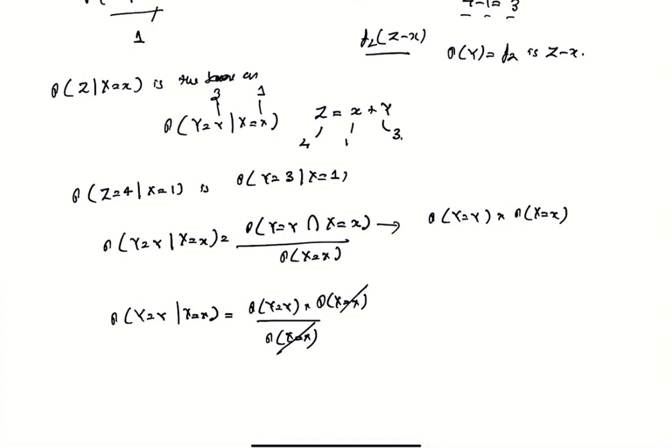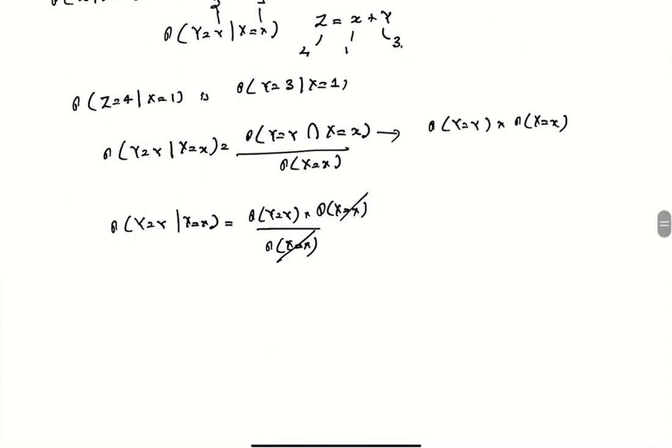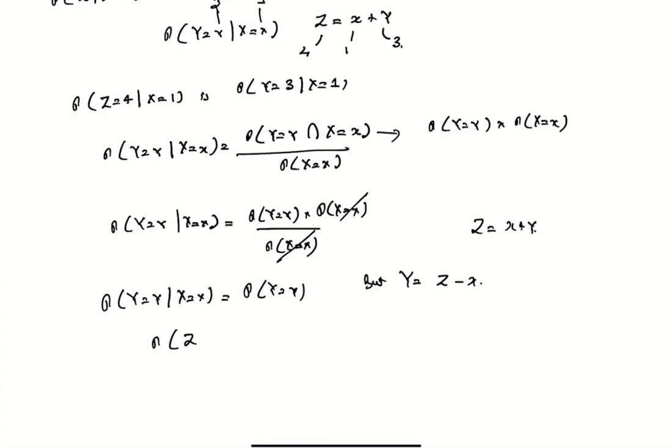This gets cancelled. So probability of Y is equal to y given X is equal to x becomes probability of Y is equal to y, but y is equal to z minus x because Z is equal to X plus Y. Thus probability of Z given X is equal to x will become probability of Y is equal to y.